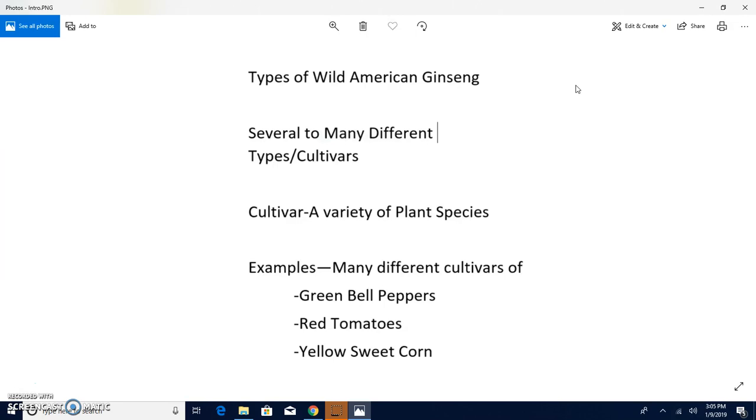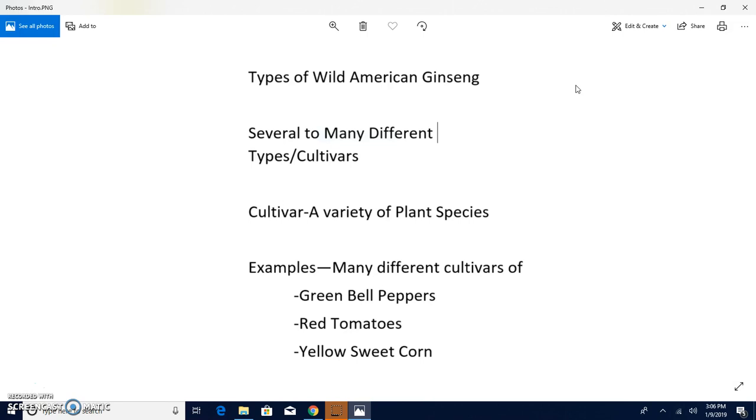These different types are called cultivars by people who are into gardening and horticulture, which is a scientific name for gardening. A cultivar is a variety of a plant species. If you look at one red tomato and then another red tomato, one in each hand, they could be different cultivars, but they look almost identical.